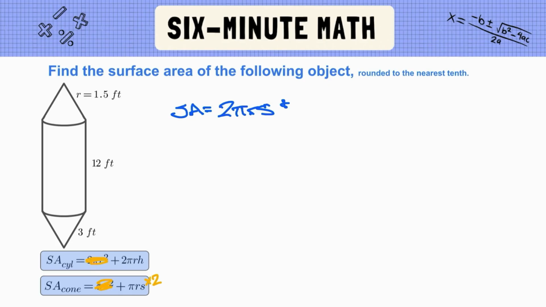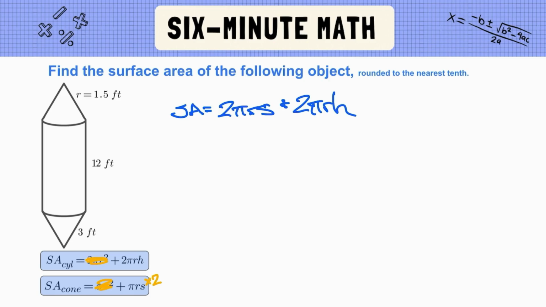In this case, I do not need those 2 circles. And 2 pi r h is the lateral side of the cylinder. So that is actually what I need, 2 pi r h. So there is my new formula for surface area of this composite shape.